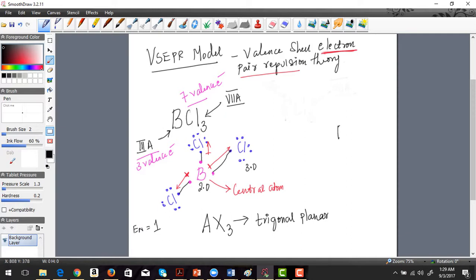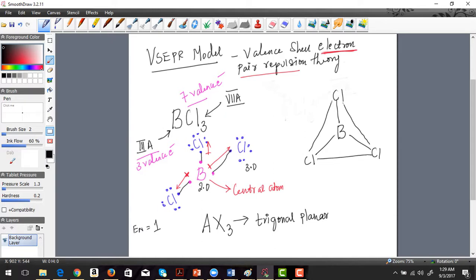So boron is at the center, and the 3 chlorines are at 3 corners around the boron. I'm just showing you, because trigonal means triangular and planar means it's on the plane of the paper. So trigonal planar means it's like a slice of a pizza.